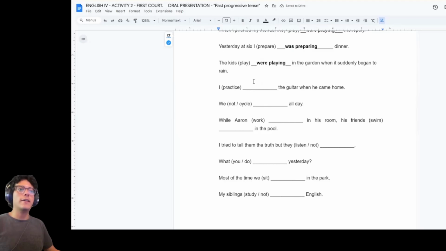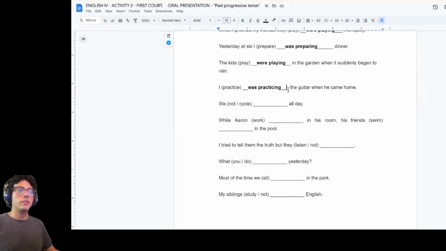Next, I, and the verb is practice, the guitar when he came home. So I was practicing the guitar when he came home.